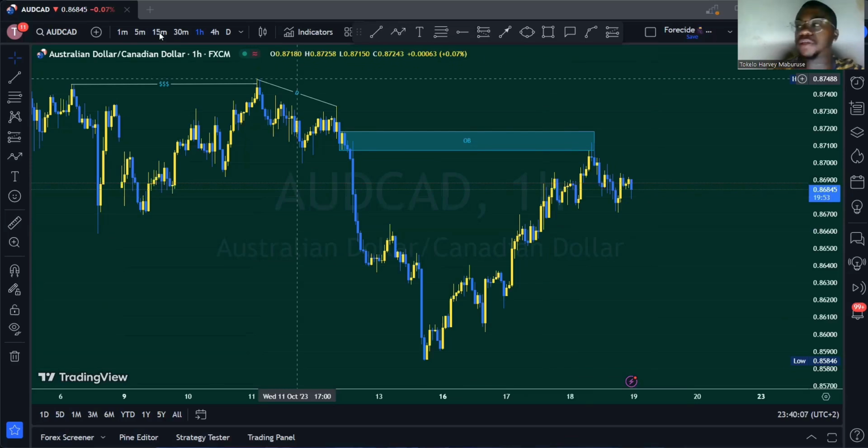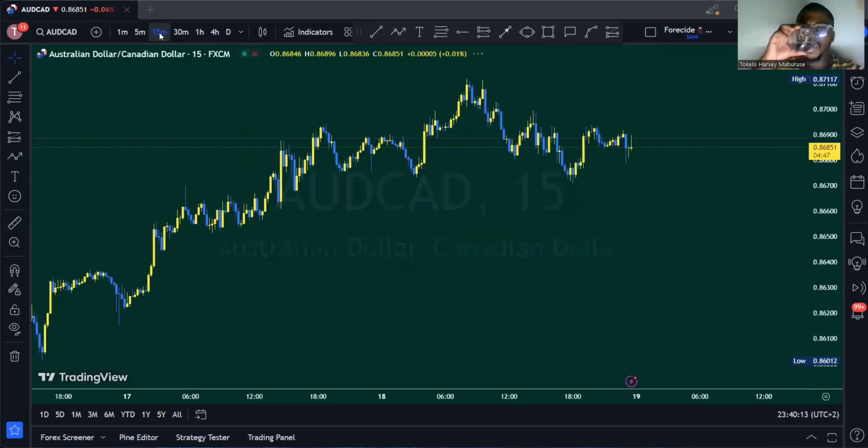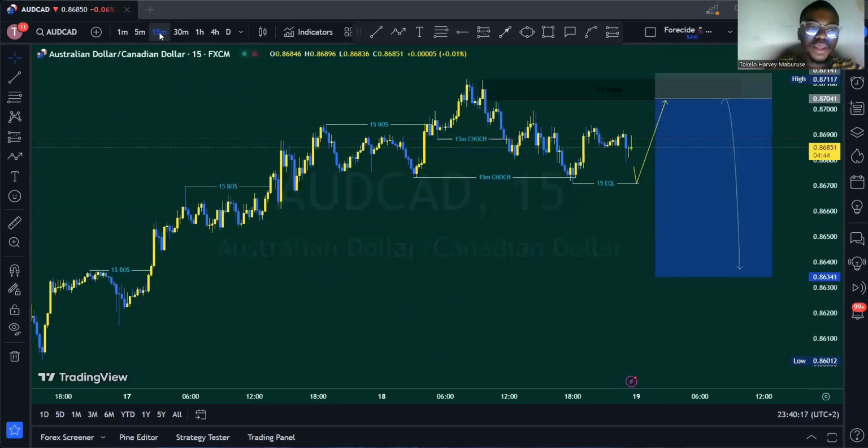Now to the 15-minute time frame. As you can see, we have this stunning structure characterized by a break of structure, second break of structure, and the third break of structure.